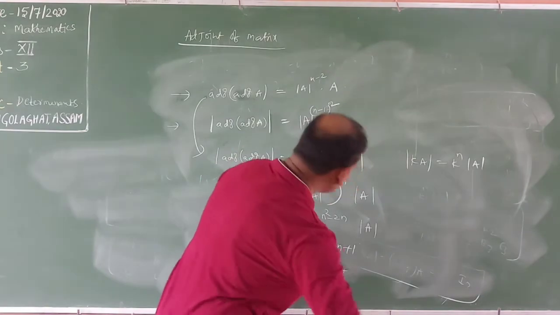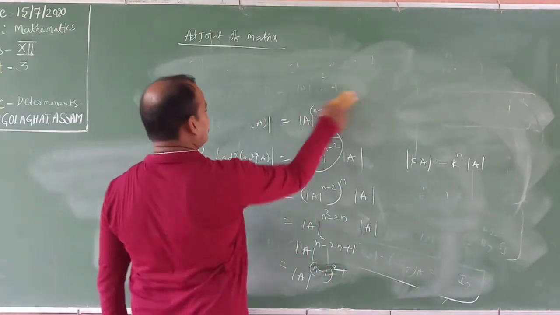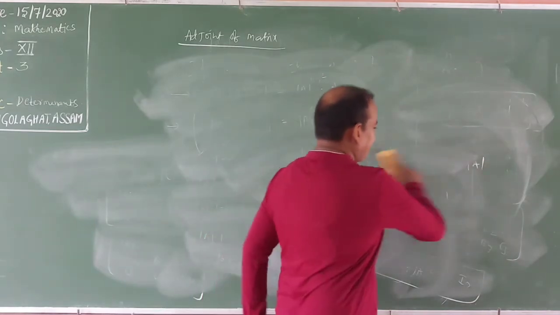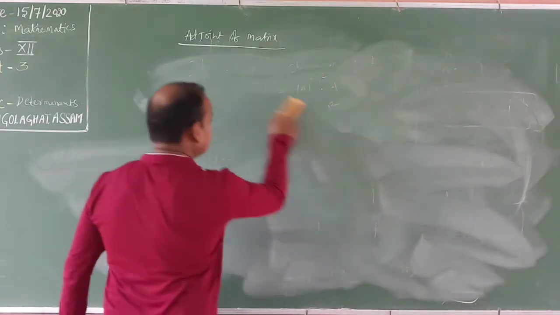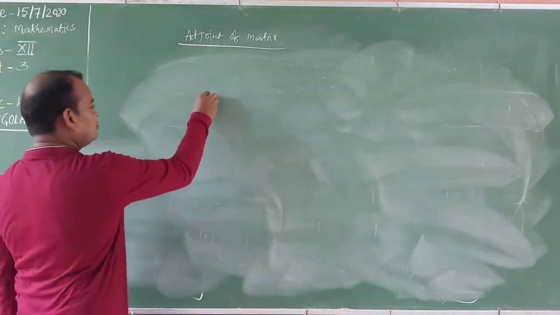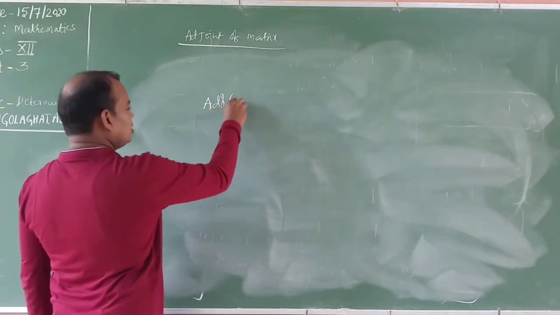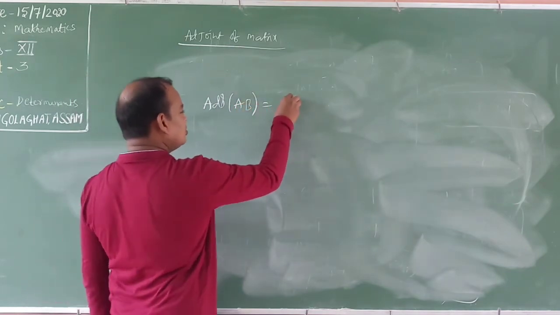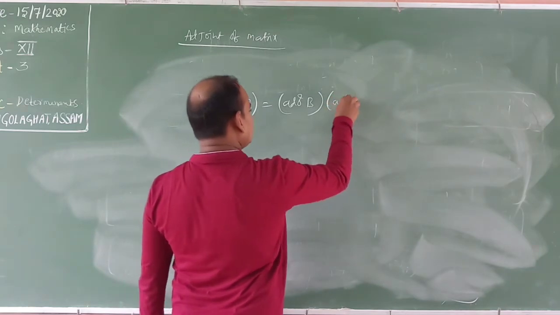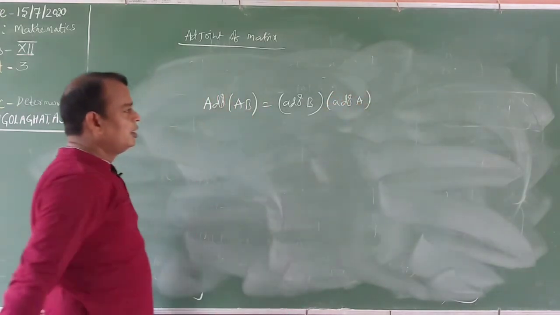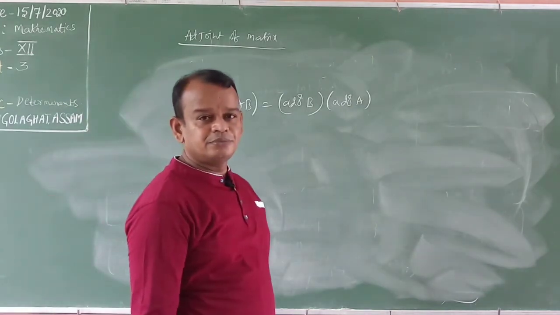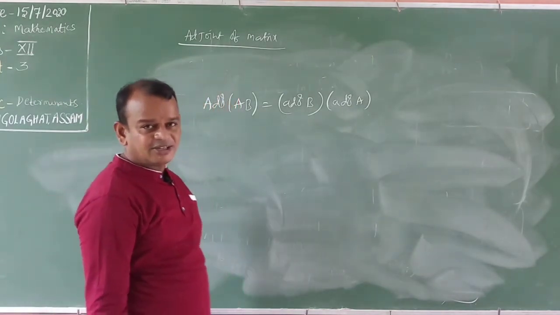Next property: adjoint of AB equals adjoint of B into adjoint of A. Understand or not?